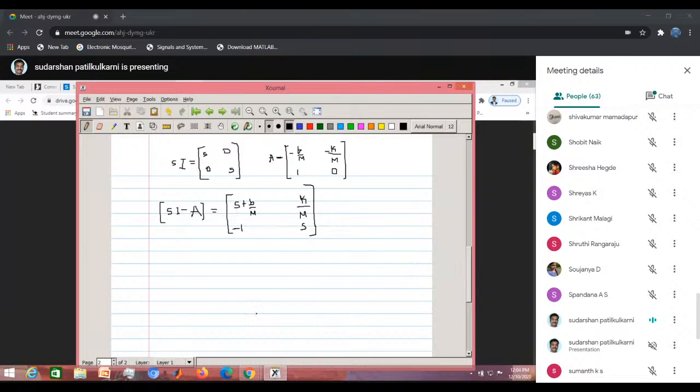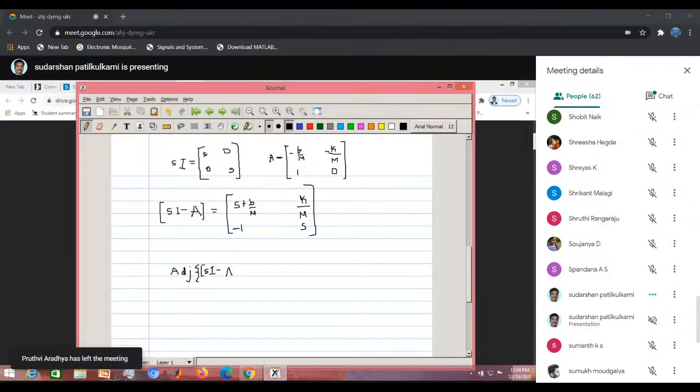So to find the transfer function, we need to find the inverse of this, sI minus A inverse. So what is the adjoint of sI minus A? You need to find the cofactors.